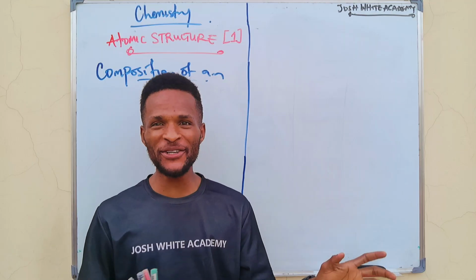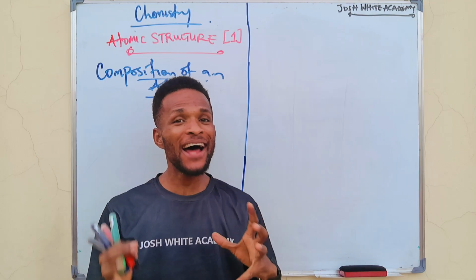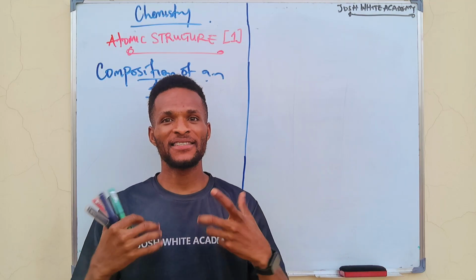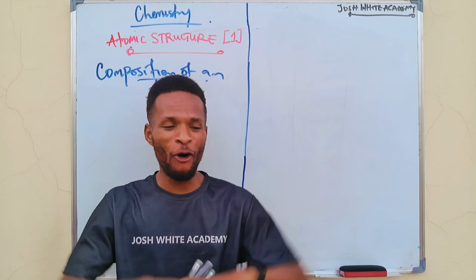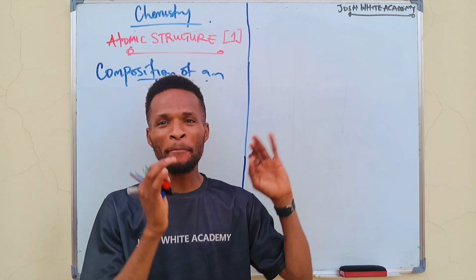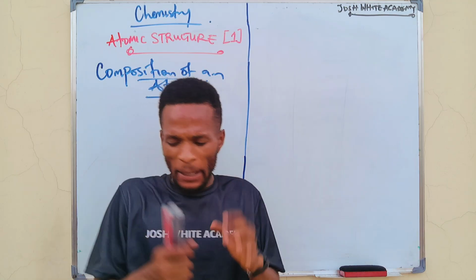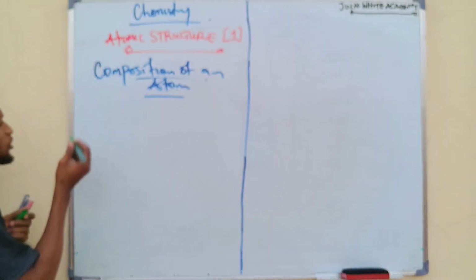As we said previously, atoms are composed of subatomic particles. So let's begin with the electron.